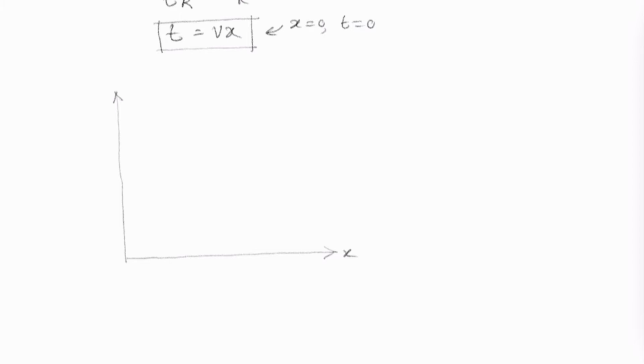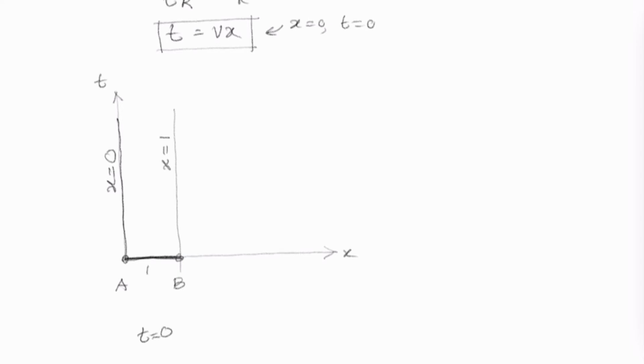This is your x-axis and your t-axis. This is the trajectory of A, x equals 0. This is the trajectory of you, x equals 1. And this is what you mean by the length of the tape when t is equal to 0.